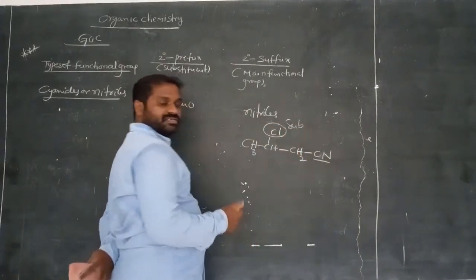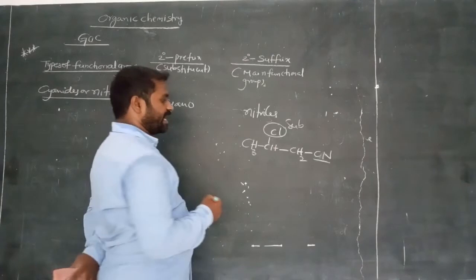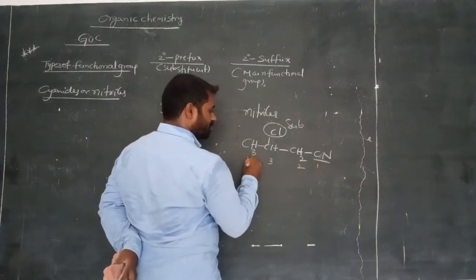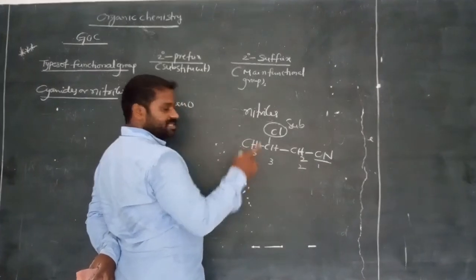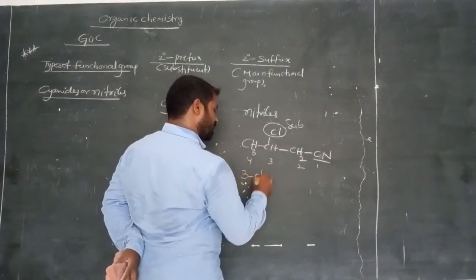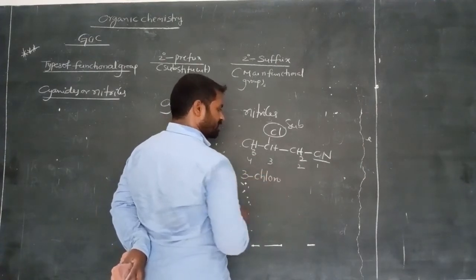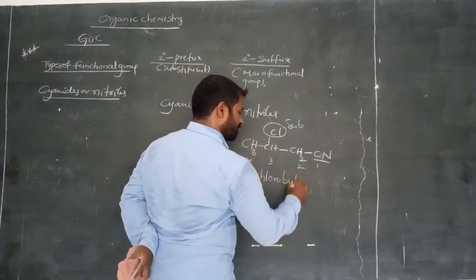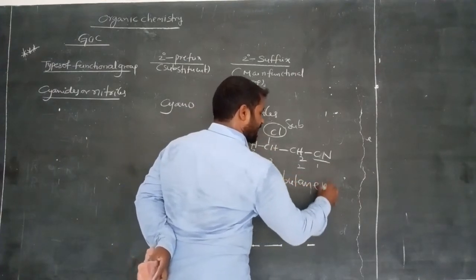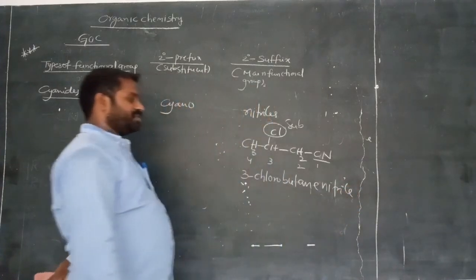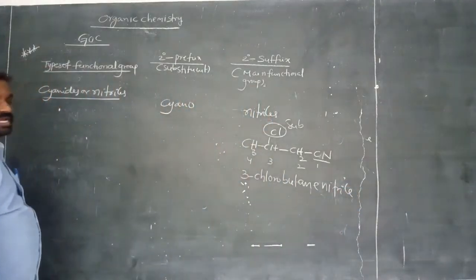In that case, the functional group gets the least priority number. Okay. So it is not a cycle, but the substituent is there on which carbon? Third carbon. So 3 chloro, 1, 2, 3, 4. Butane, cyanide is there. So nitrile. Butane nitrile, 3 chloro butane nitrile.